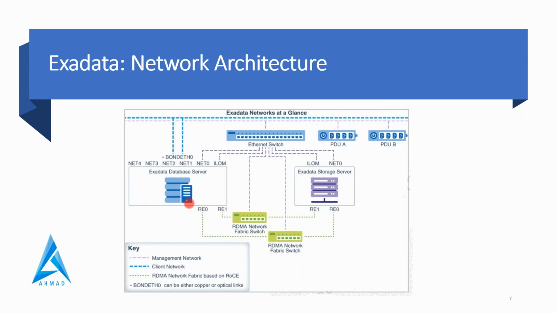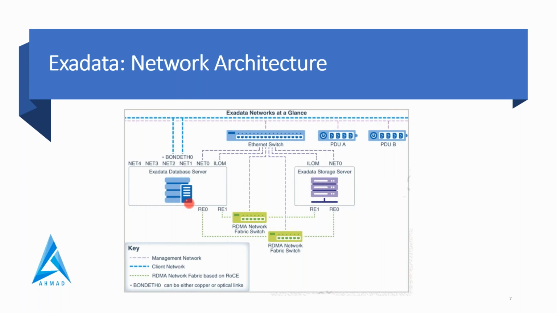And Oracle Database uses this network for Oracle RAC cluster interconnect traffic and for accessing data on Exadata storage server. This non-routable network is fully contained in Exadata Database Machine and does not connect to your existing network. This network is automatically configured during installation. This is the important thing.